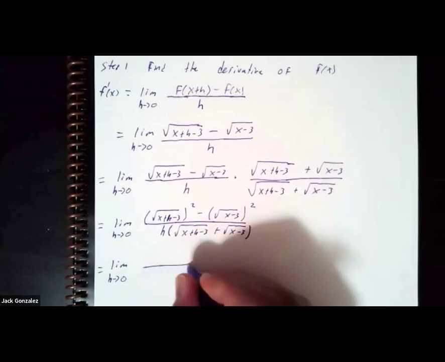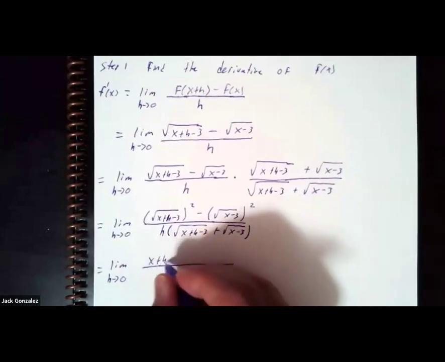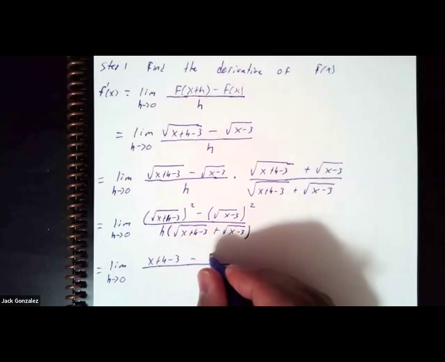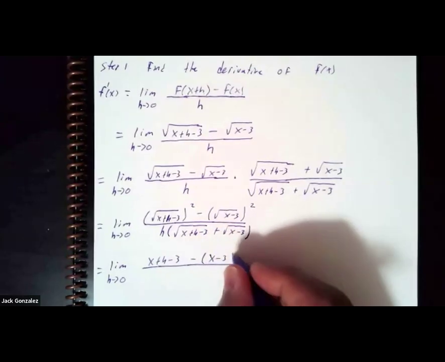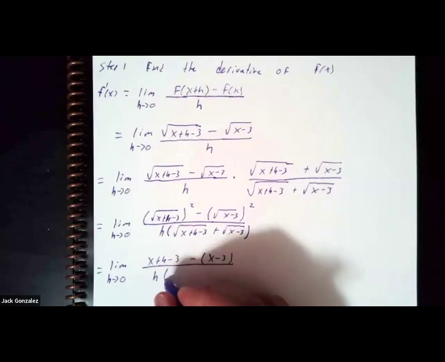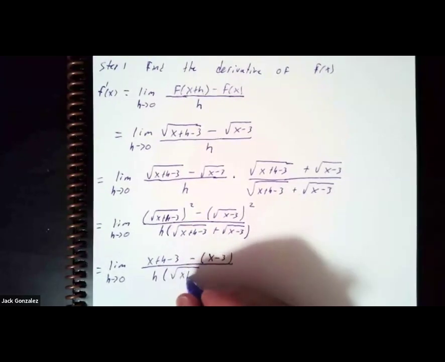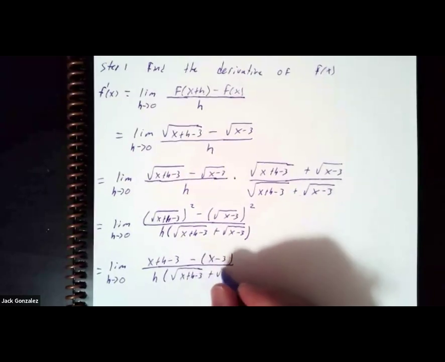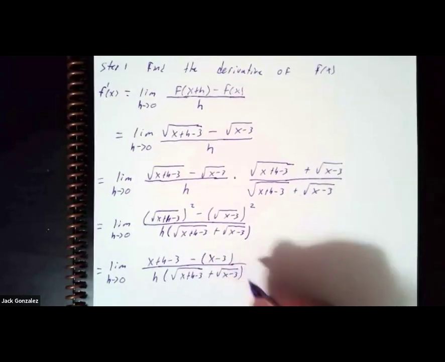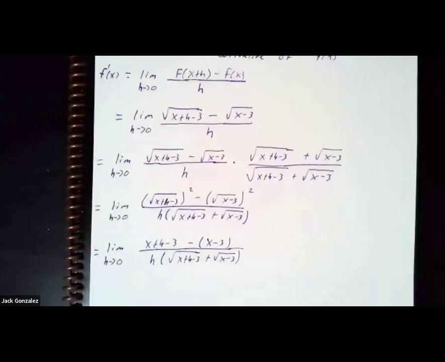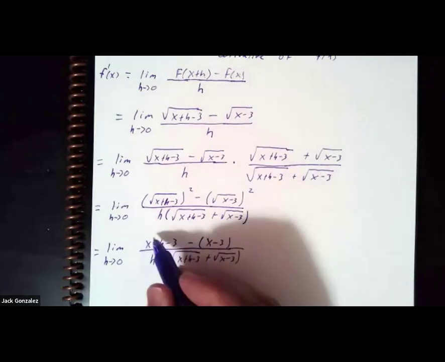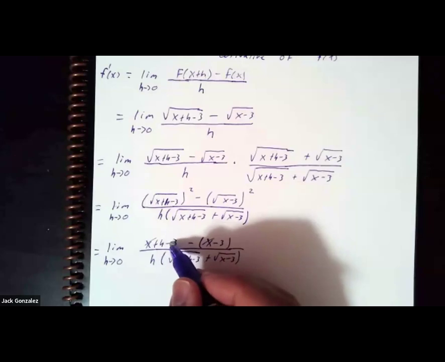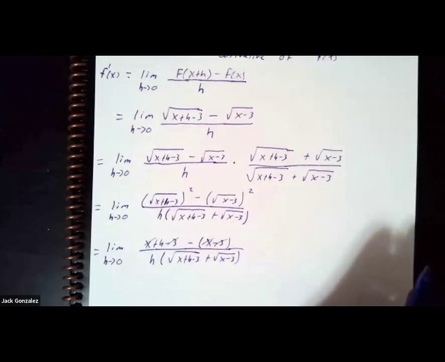So you will end up with x plus h minus 3 minus x minus 3 over this nonsense. Now you should see that this x will cancel with that x, this 3 will cancel with this 3, once you distribute the minuses. Is that clear?